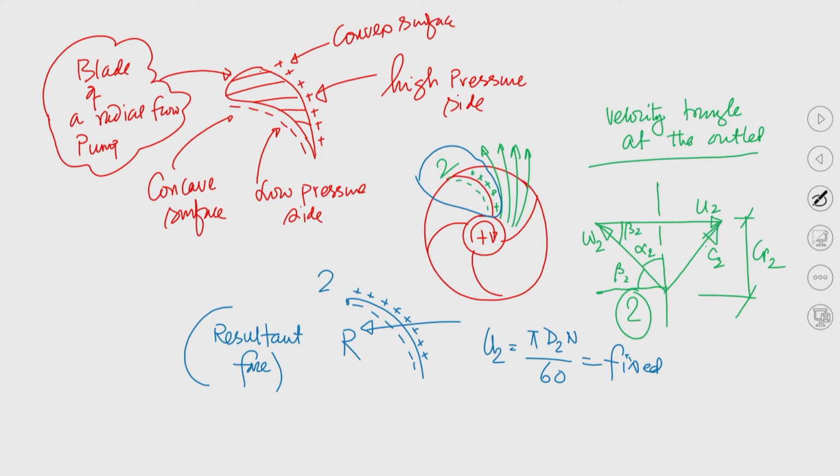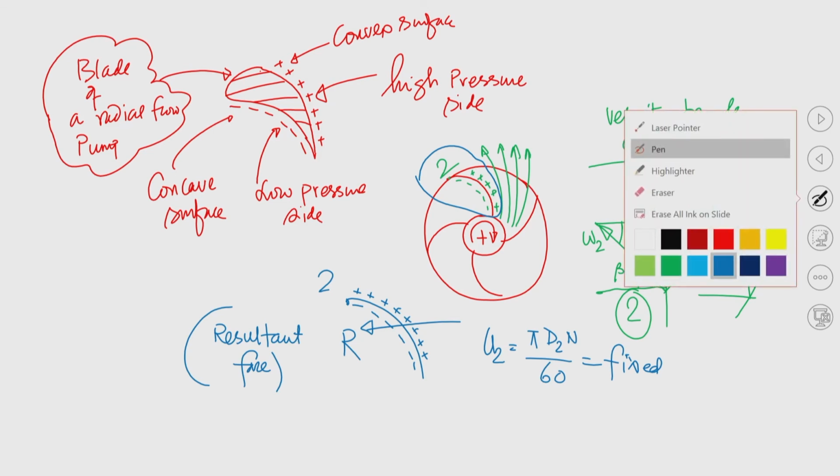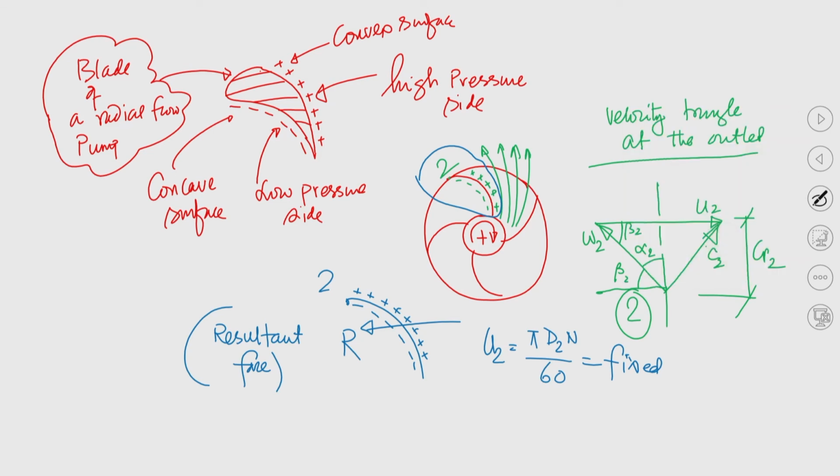What will happen? Because of this resultant force, the velocity components C2 and W2 will shift towards the left. If I superimpose that new velocity triangle using a different color, a red color, that will be W2 prime and this will be C2 prime.